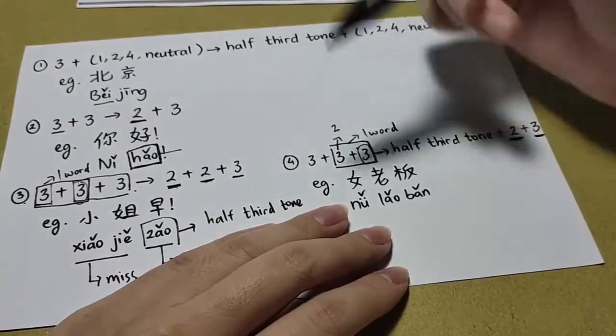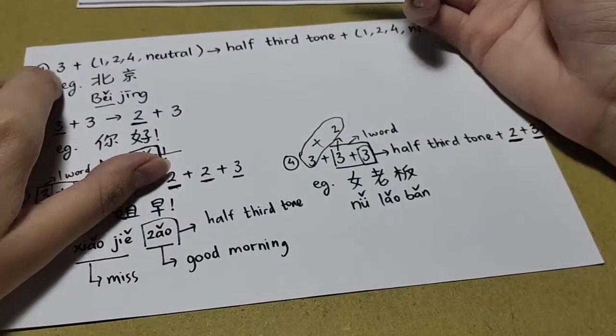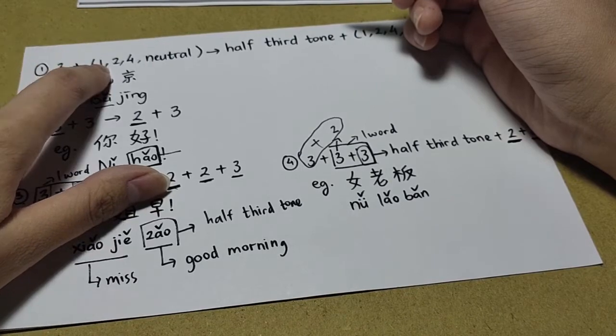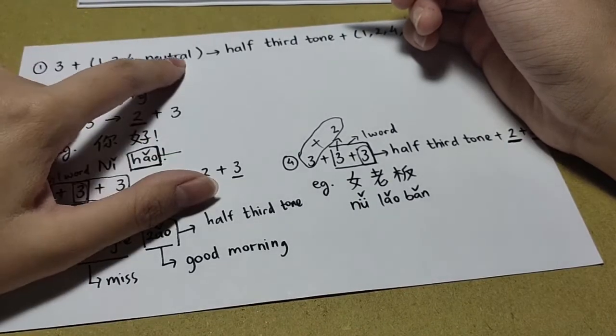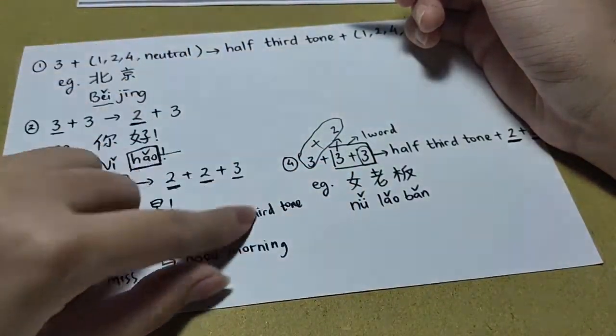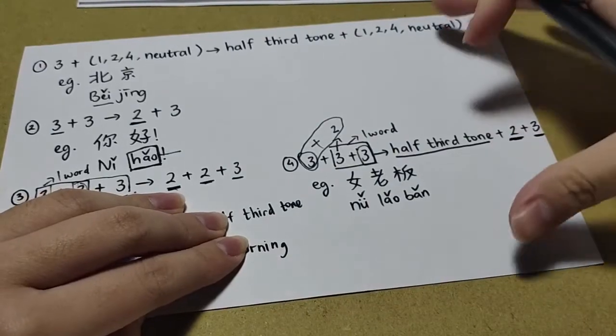And let's see from the first rule here. When third tone followed by the first, second, fourth, or neutral tone, it changes into half third tone, right? So this part changes into the half third tone.